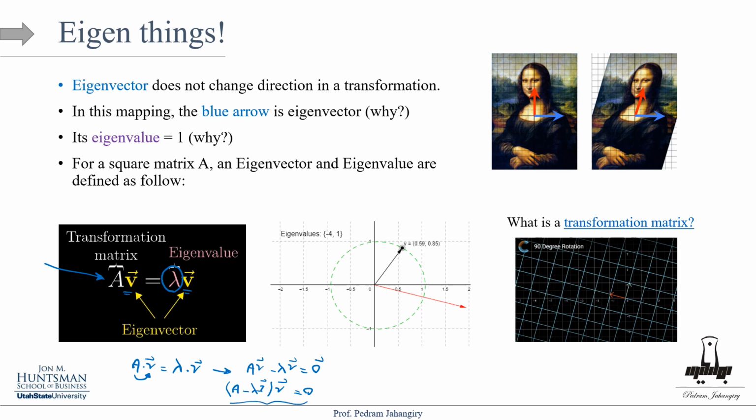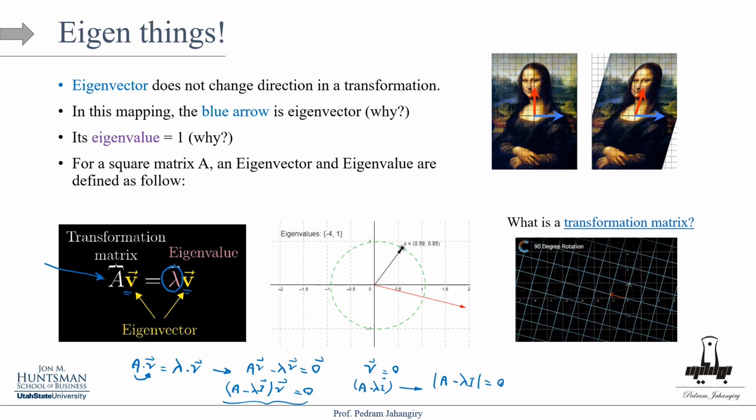So I have an equation which on the left side is equal to 0. So this means that either v is equal to 0 or A minus lambda I, this thing, is equal to 0. So in order to make that happen, we have to go ahead and calculate the determinant. Determinant of the matrix A minus lambda I is equal to 0.